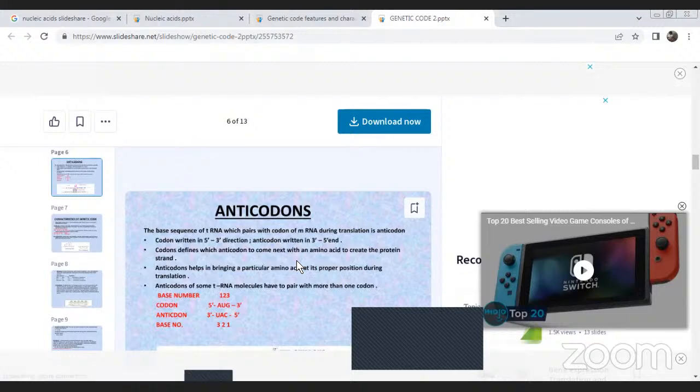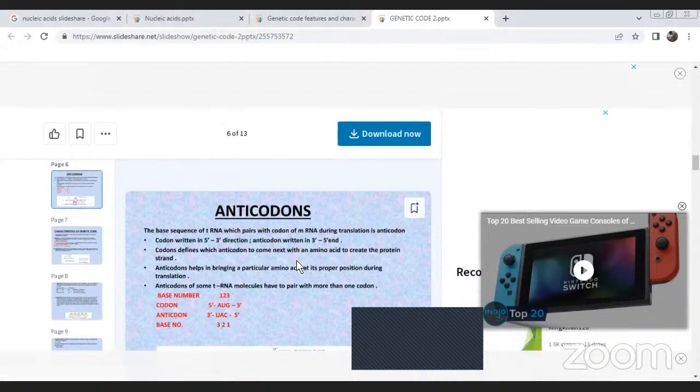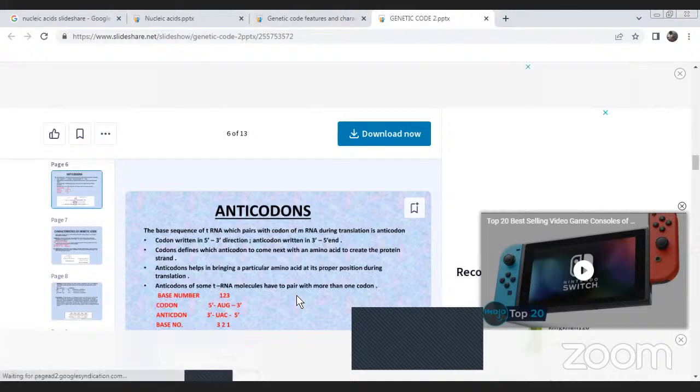The codons define which anticodon comes next with the amino acid to create the protein strand. Anticodons help bring the particular amino acids to the proper position during translation.